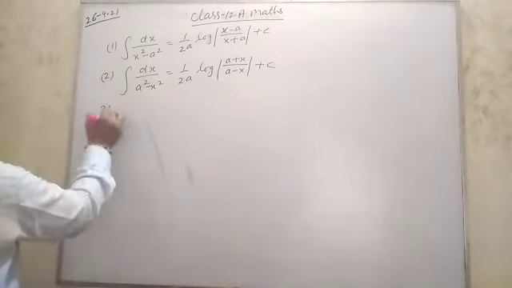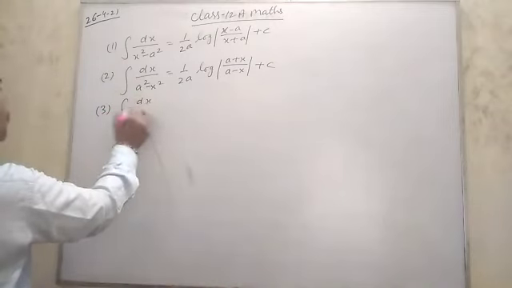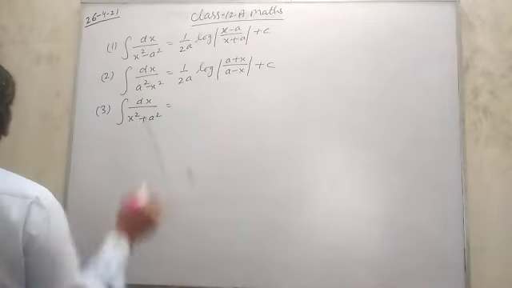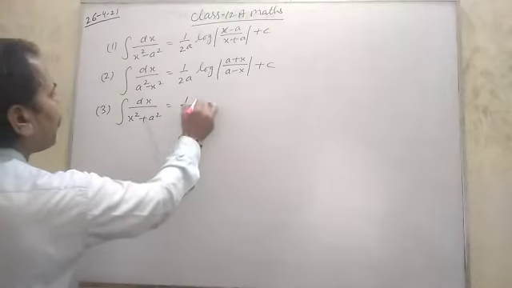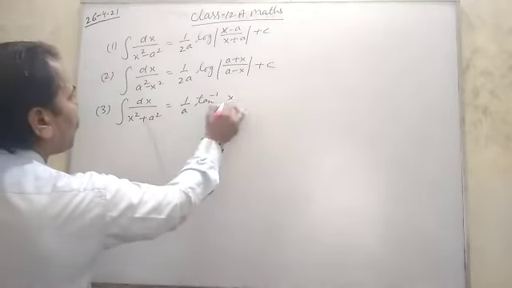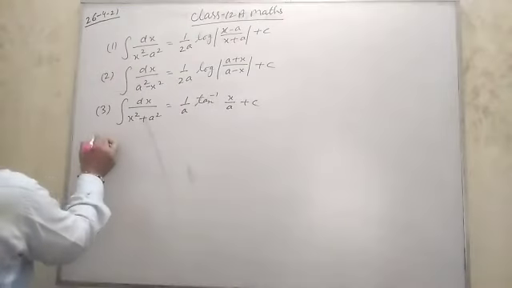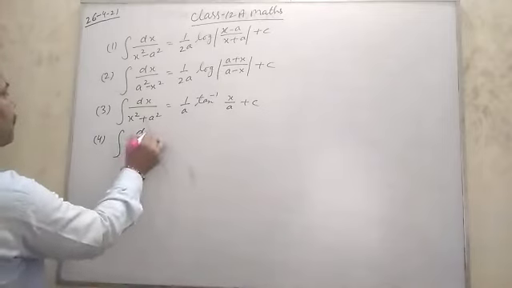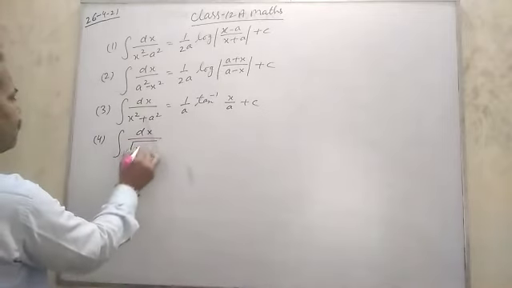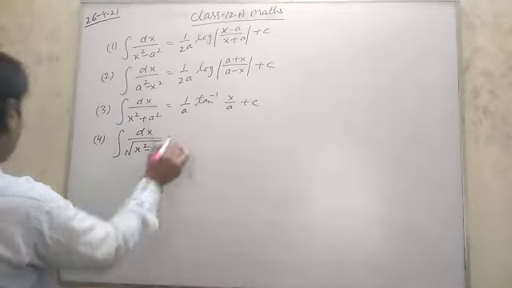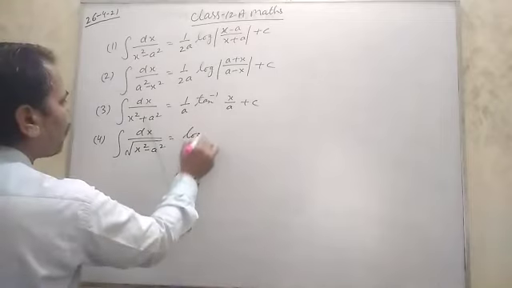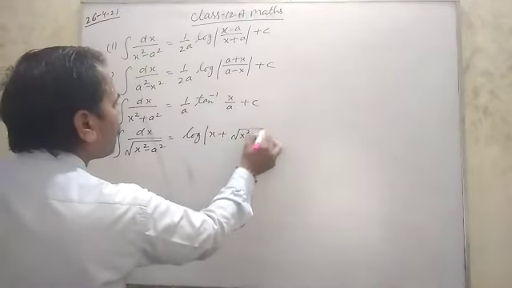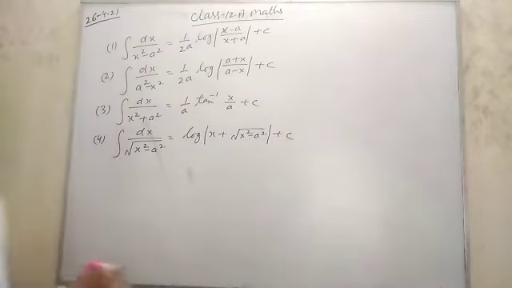Okay. Then the third formula, dx upon x square plus a square. So the formula is 1 upon a tan inverse x upon a plus constant. And the fourth formula, dx upon under root x square minus a square is equal to log mod x plus under root x square minus a square plus constant.